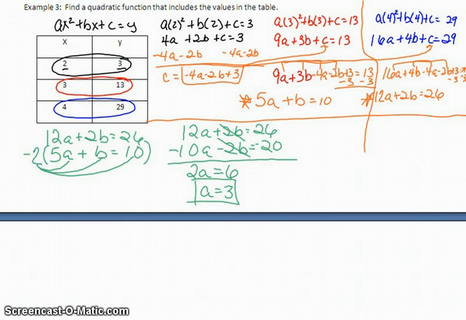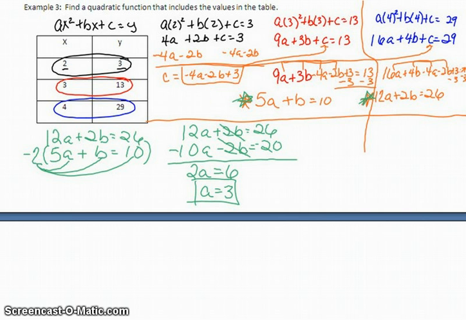When I find A, B, or C, I tend to box them in so they stick out for me. Now I take this 3 and I can substitute it into either one of the two equations from step number 3. It doesn't matter which one.